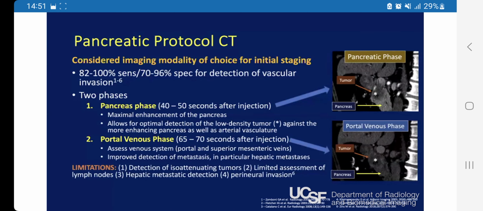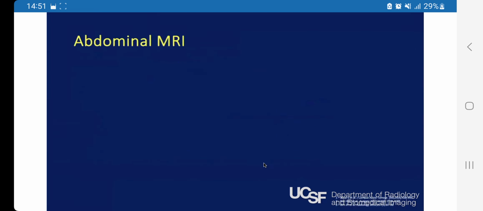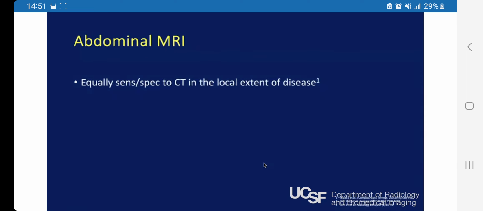However, CT has some limitations. A good number, about 10-20% of pancreatic PDAC lesions, are isoattenuating to the pancreatic parenchyma, and CT has limitations in detection of small lymph nodes and hepatic metastatic lesions. Perineural invasion is also poorly evaluated by CT. MRI is a good complementary test.